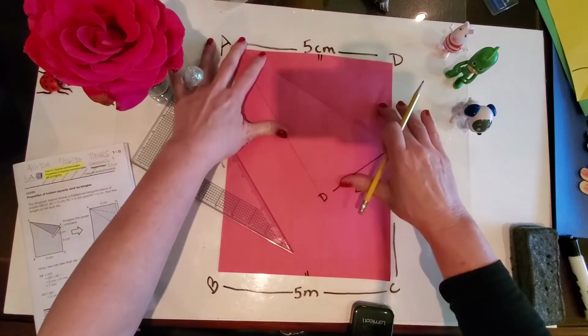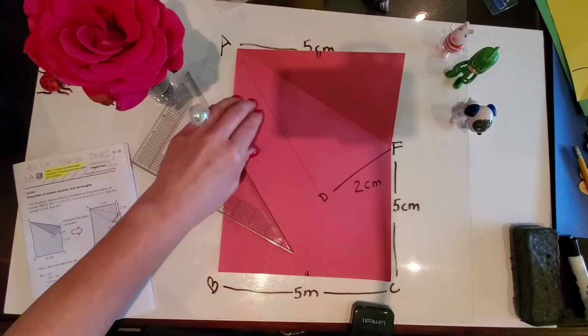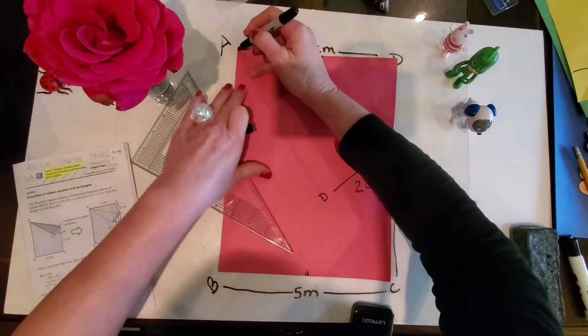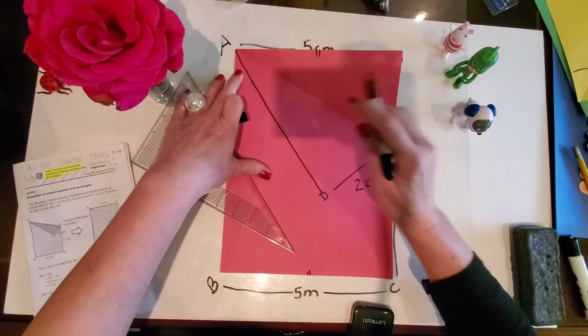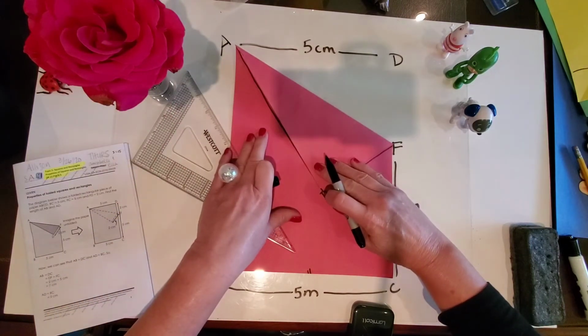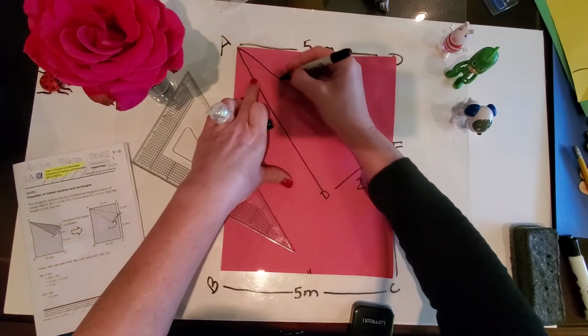Okay. And you can probably see that here. A little bit darker for you. So A to D here. Your imaginary 2 centimeters. It shows you this triangle here too.